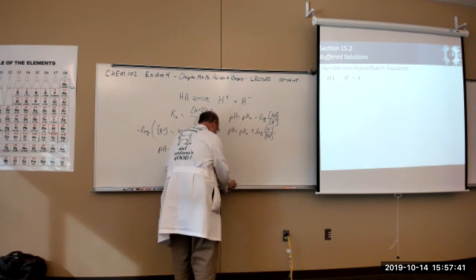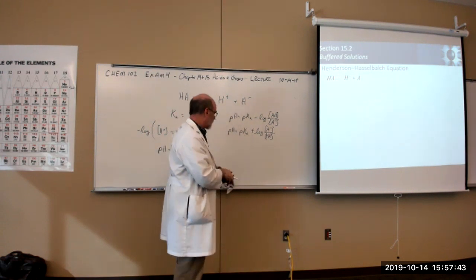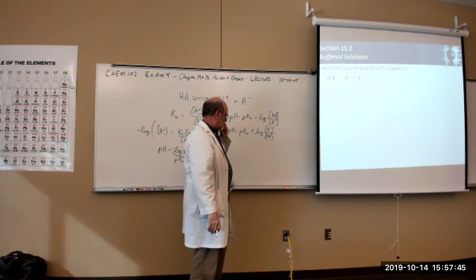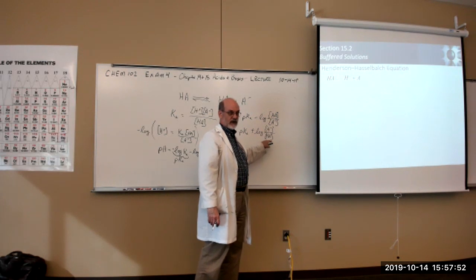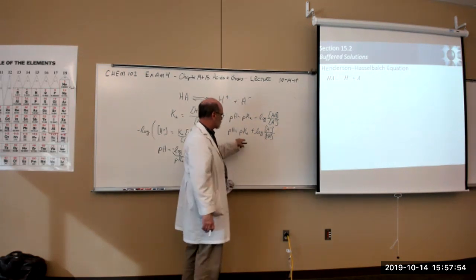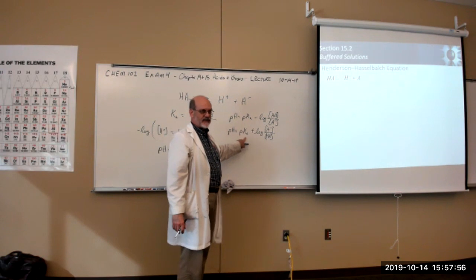Okay, so what that tells you is you're really interested in the ratio of A minus to HA in your equilibrium solution, and you're interested in the pKa of the acid.